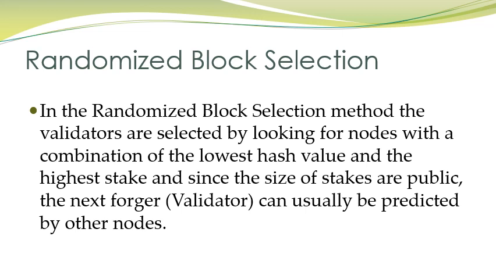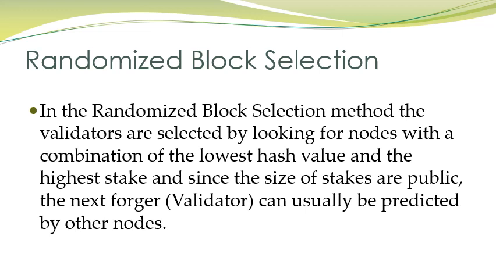If the node has the lowest hash value and the highest stake, then that node can become a validator. So this is the algorithm used based on the hash value: the combination of the lowest hash value and the highest amount of currency the node is holding, the highest stake in the system.